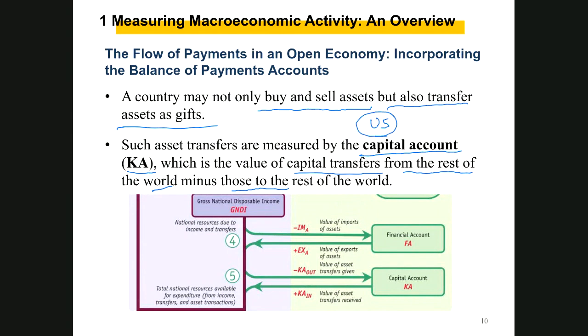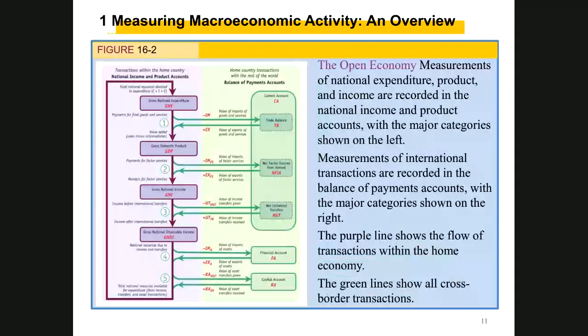US and the rest of the world, you send out your money as a gift, right? So this is your transfer, and this is the transfer that you have, right? So the one you receive minus the one you give up is the capital account. Okay, so that's the whole idea of this flow.